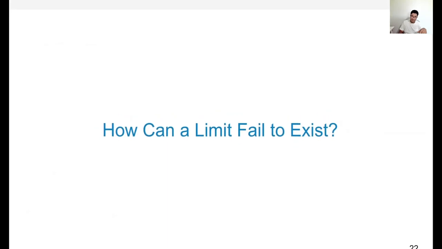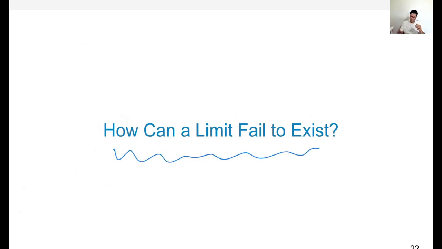Which brings us to the question: we have been saying the limit exists and sometimes it does not exist. We have seen some examples. Let us put everything together and list all possible situations where the limit does not exist. Now, why would it not exist? Before I turn the slides, let us recall.